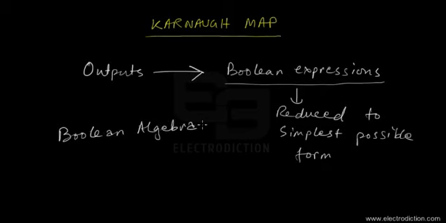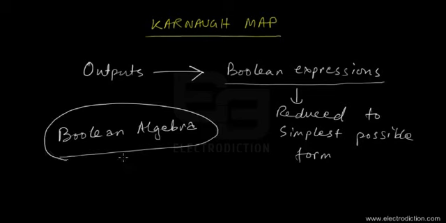But the problem with this system is that there are lots of laws in Boolean algebra, and as a result you always have to keep them stored in your memory for quick usage. It's not possible for everyone to mug up all the laws, and you need sufficient time to become an expert at applying each law to mathematically reduce the Boolean expressions down to their simplest possible form.